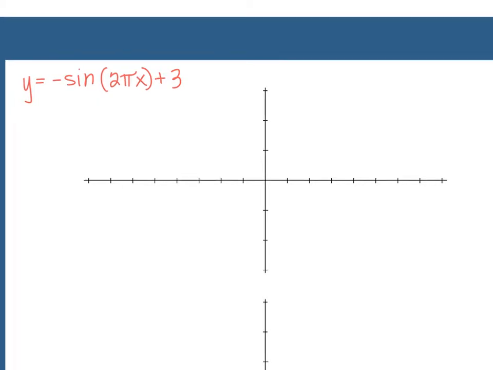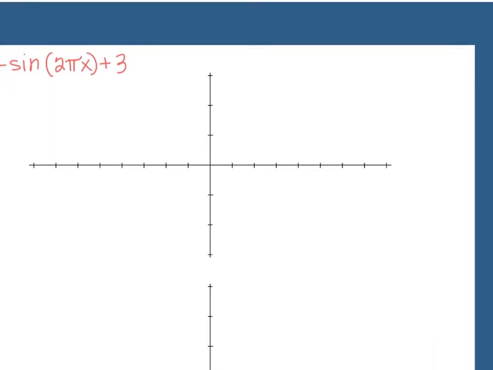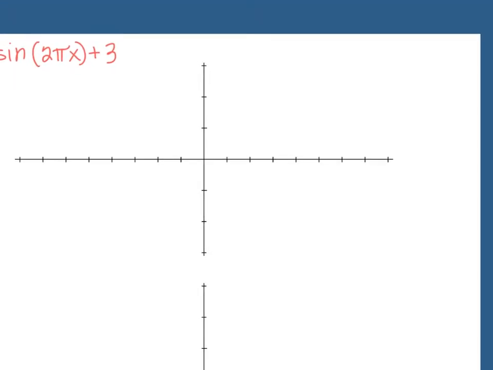Let's do a normal negative sine 2 pi x plus 3. Here is a normal reflected sine. Okay, the scale is -1 to 1 on the y-axis.